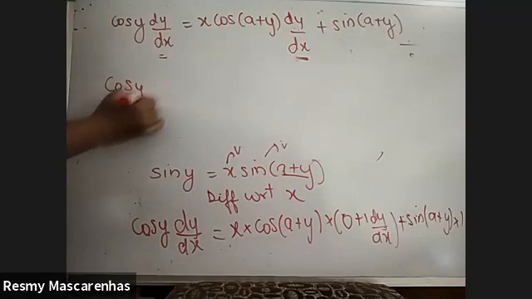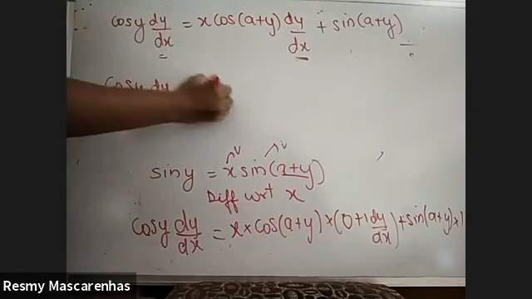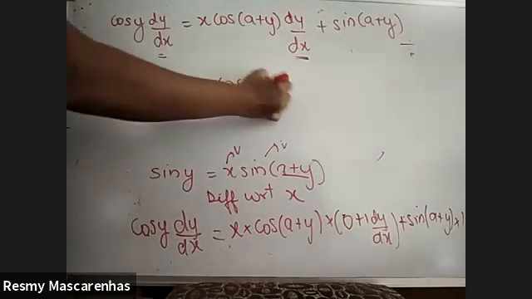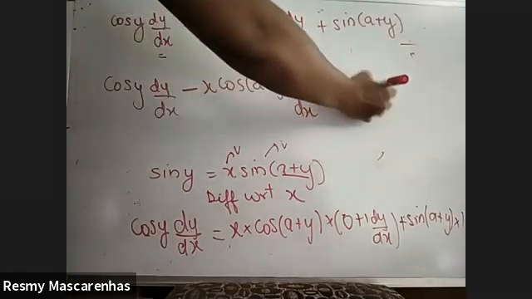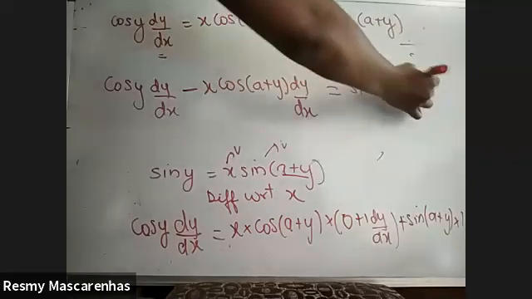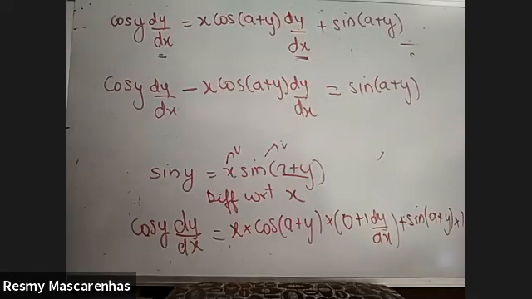So cos y dy by dx, if I bring the whole term to this side, it will become minus, is equal to sine of a plus y, and then take dy by dx common.